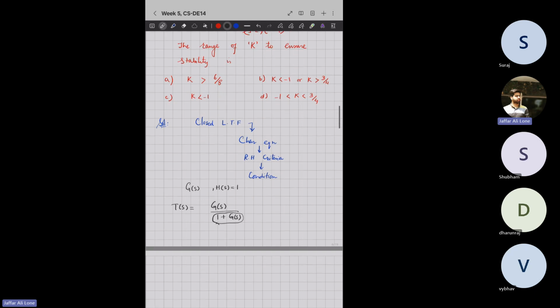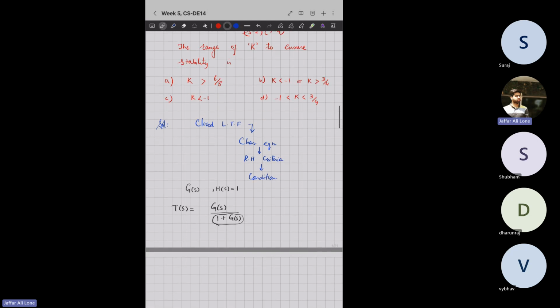So I'll just put in the value of G(s). When you put in the value of G(s), you will get something like this: K times (s plus 3)(s plus 5) divided by (K plus 1)s squared plus (8K minus 6)s plus (15K plus 8).